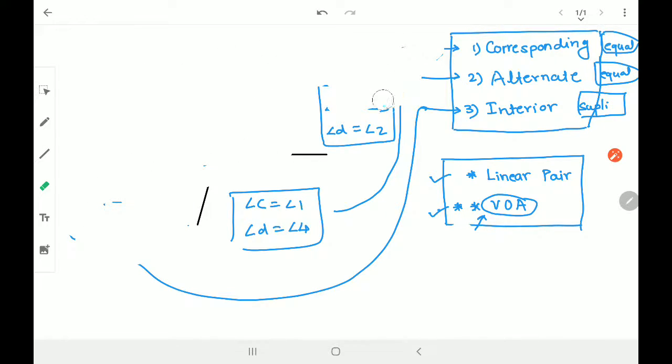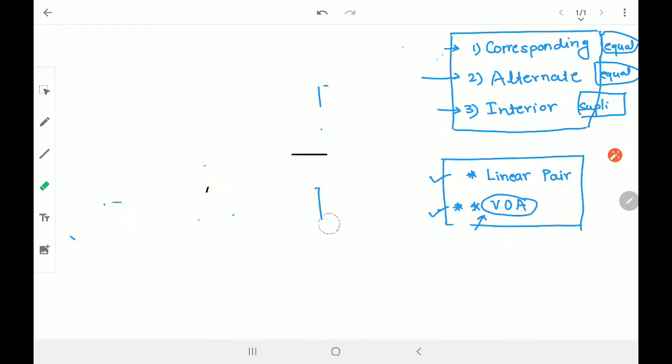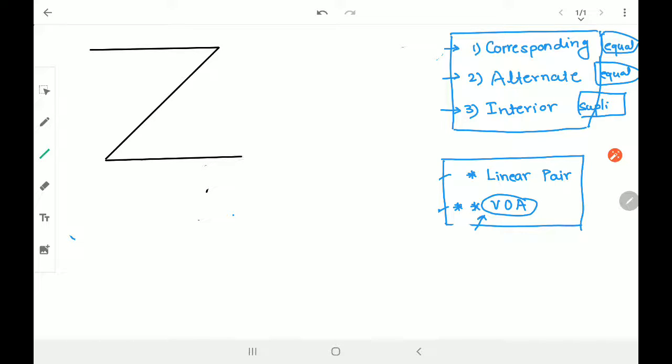We have to identify which type of angle these are. Many times the diagram won't come the way you think. It can be anyhow. Imagine it this way. Out of these three angles, corresponding, alternate, and interior, which do you think is possible in this diagram?